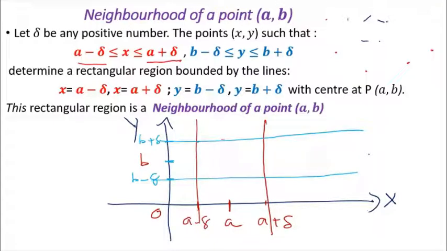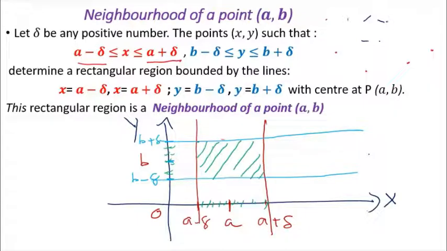Then what are all those points which lie between? x should lie from a minus delta to a plus delta, so x will be here. And y should lie between b minus delta and b plus delta. So the resultant values will be in this rectangle.